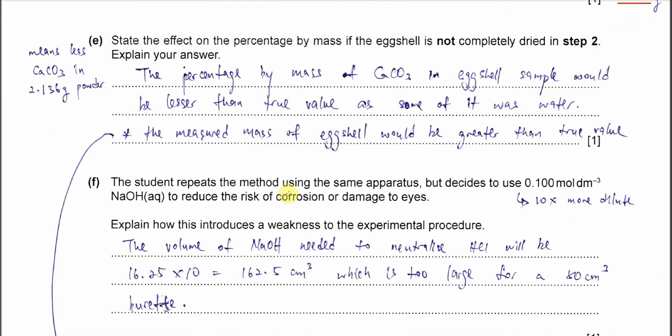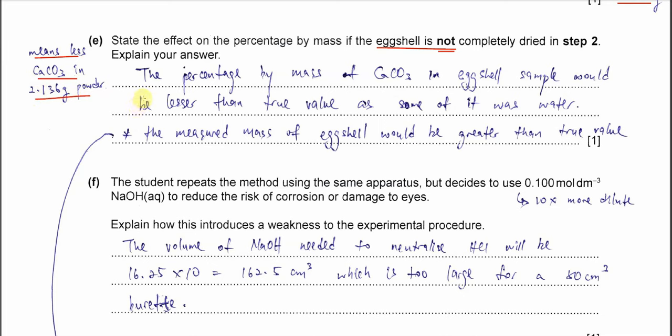Part E. State the effects on the percentage by mass if the eggshell is not completely dried in step 2. Not completely dry means the eggshell must have water. So first you need to know, it means less calcium carbonate in the 2.136 gram powder.